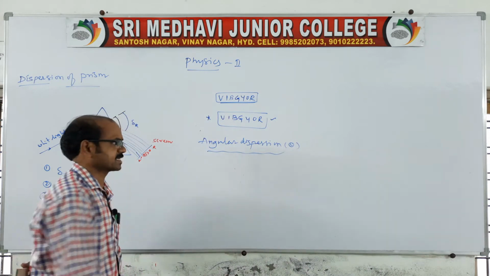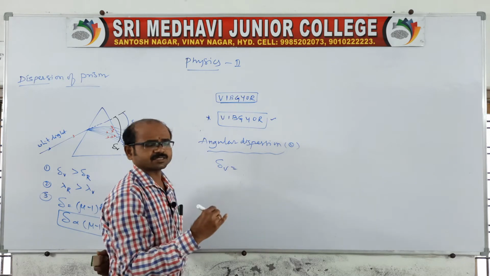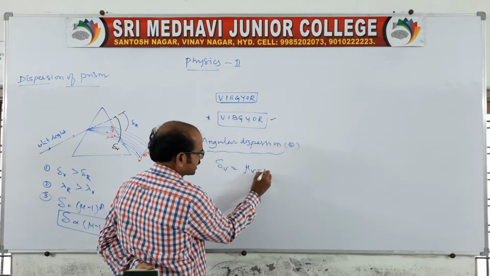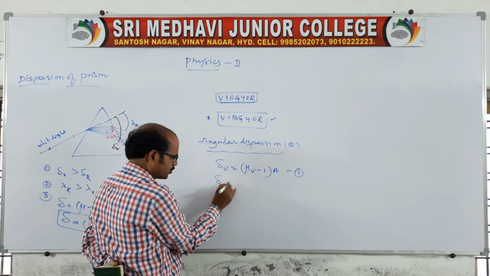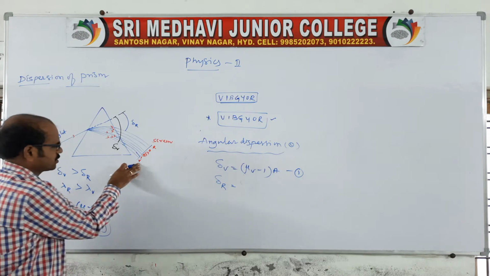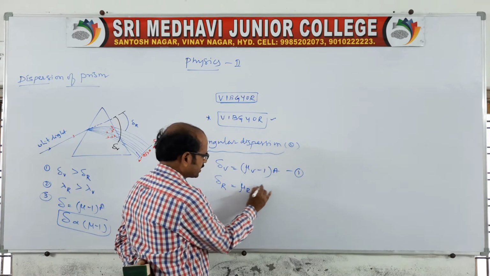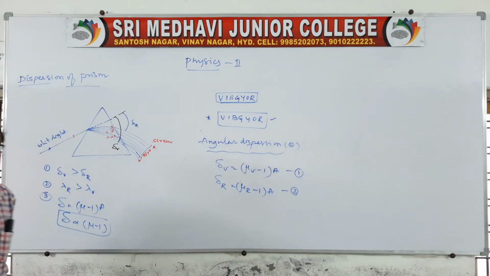Angular dispersion is the difference between any two colors. Delta V equals (mu V minus 1) into A is equation 1, and delta R, because there are only two extreme colors, violet and red, equals (mu R minus 1) into A, this is equation 2. If you take the difference between these two, we get the angular dispersion.